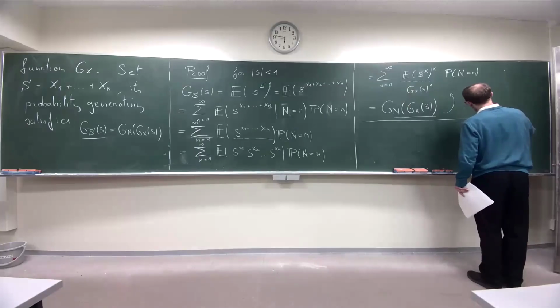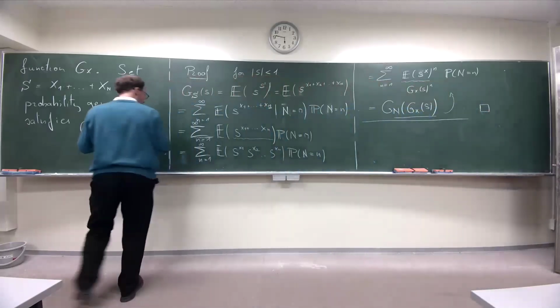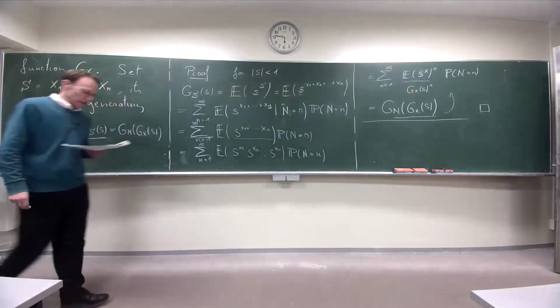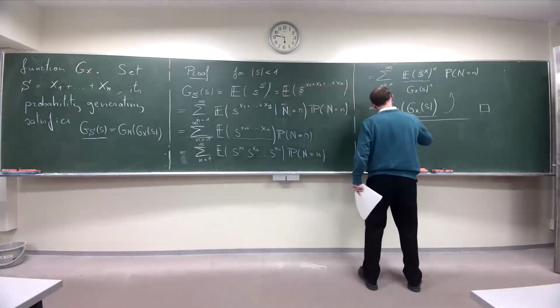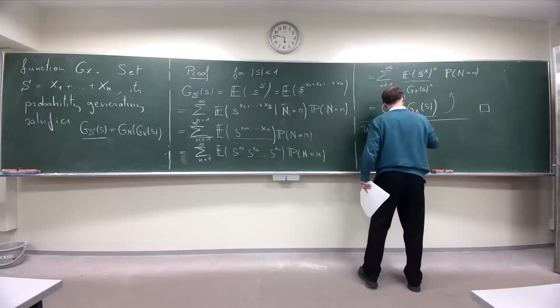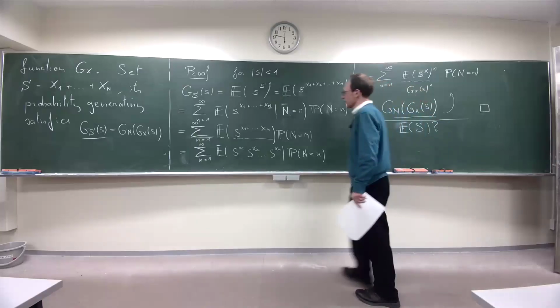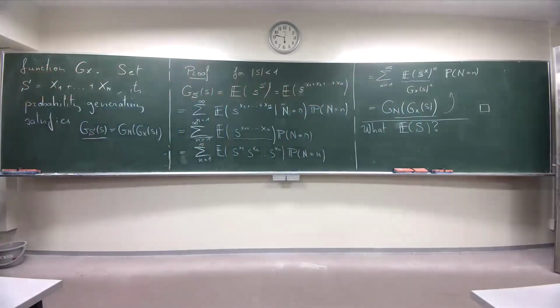I encourage somebody to write a report about an application. It's very famous, so you will find one in every textbook. So what is this? What is the expectation of S, for a random sum of integer valued, identically distributed and independent random variables?